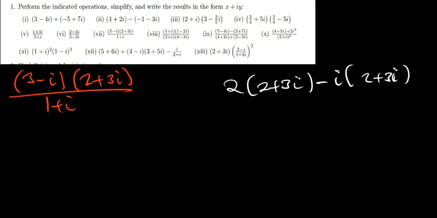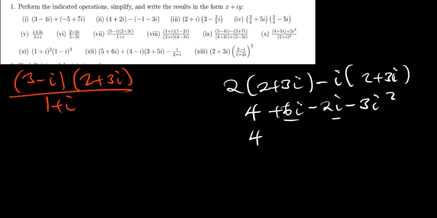2 times 2 is 4, 2 times 3 is 6i, then negative i times 2 will be negative 2i. Negative i times 3i will be negative 3i squared. So this will be 4. These two can be added, which is going to give us 4 plus 4i minus 3i squared, then there's negative 1.